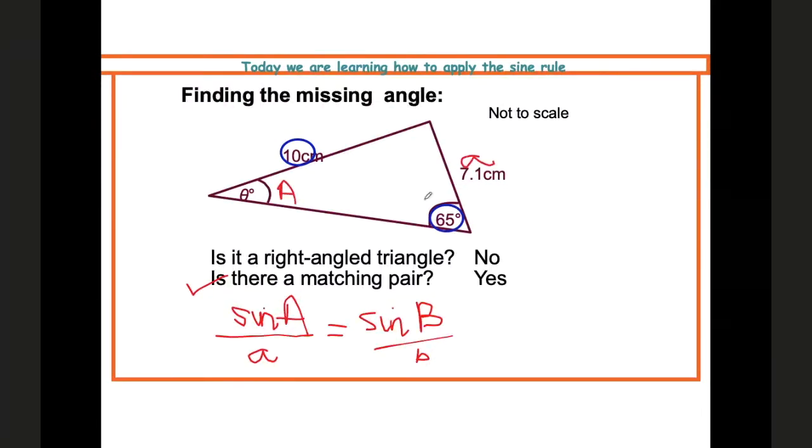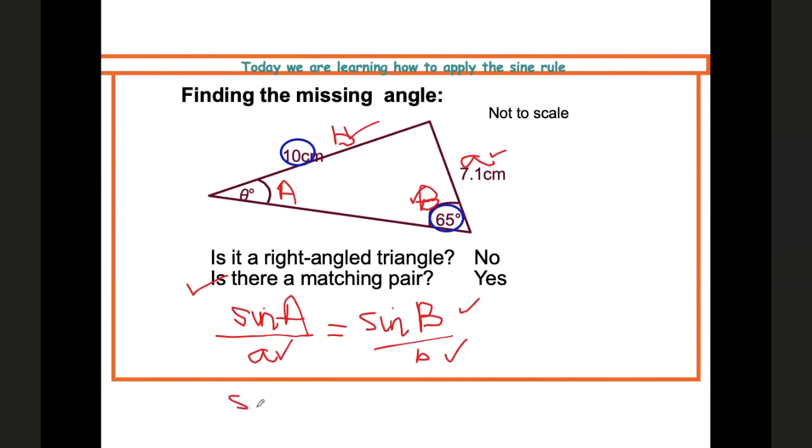This is going to be big B and little b. Can somebody remind me why I've labelled the angles with these kind of letters? So the reason why we've labelled them like this is because angles are always labelled with capital letters and sides with lowercase letters.